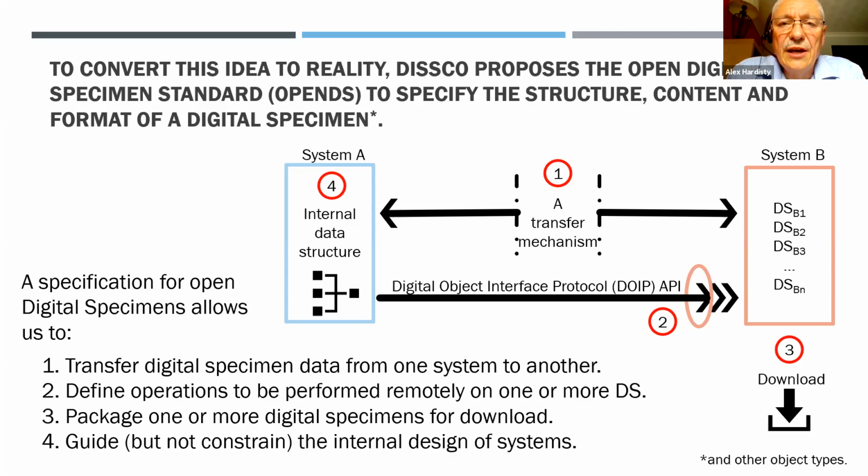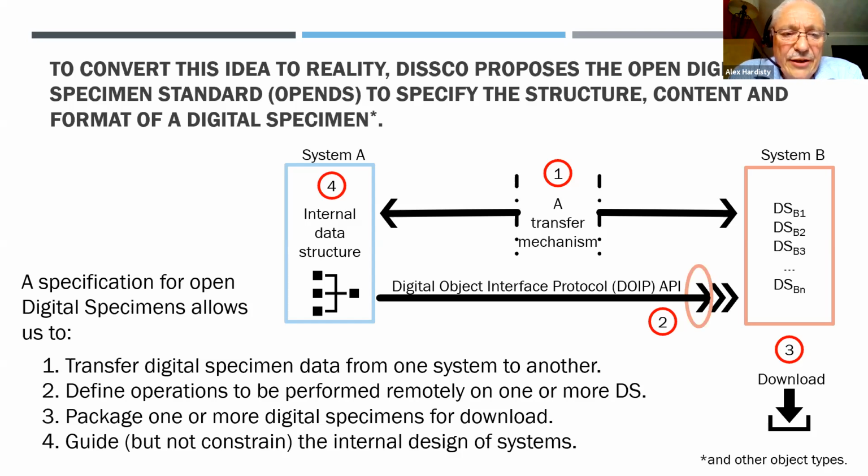Just as ISO 32000 specifies the structure and format of PDF, portable document format, documents, but doesn't tell you what you can do with a PDF document, so too will OpenDS specify structure and content and format without limitation on what you can do. A specification for OpenDS would allow us, for example, to transfer digital specimen data from one system to another, to define operations to be performed remotely on one or more digital specimens in another system simultaneously, using a protocol such as Digital Object Interface Protocol.